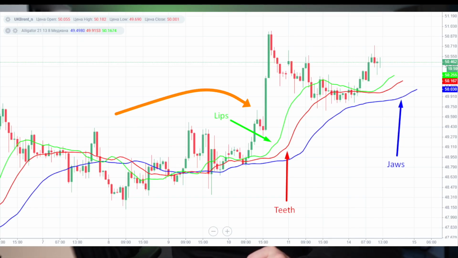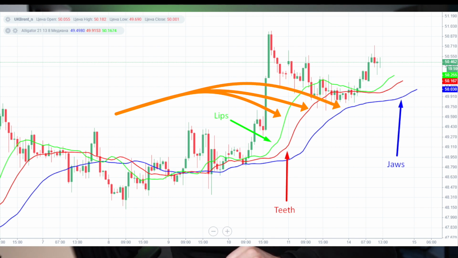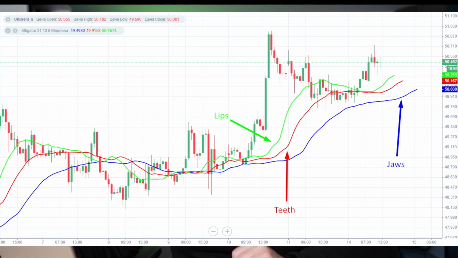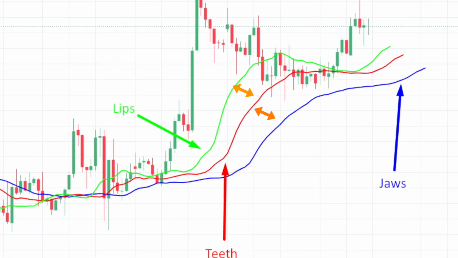But now we have a situation when the trend has formed with a clear direction. If the trend is up, the lines are arranged in the following order. The green line is on the top, next comes the red line, and the blue line is the lowest. And all three lines are directed up. As the trend develops, the distance between the lines is increasing.